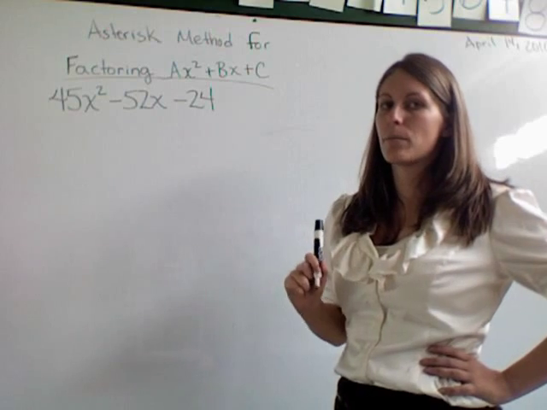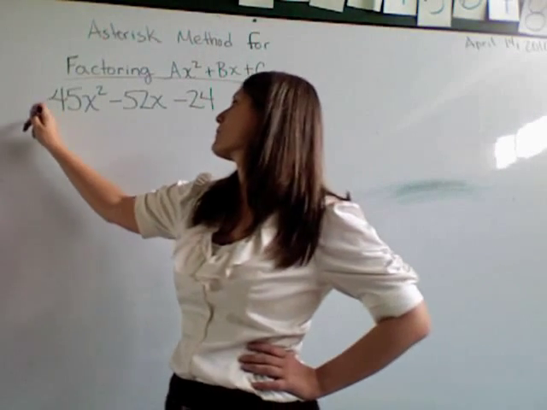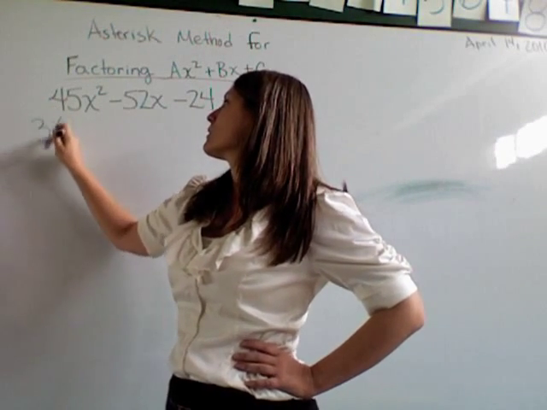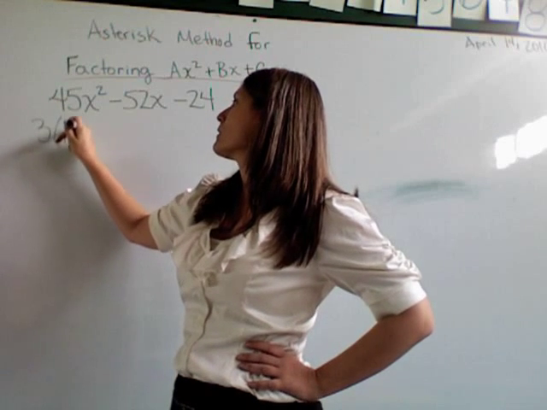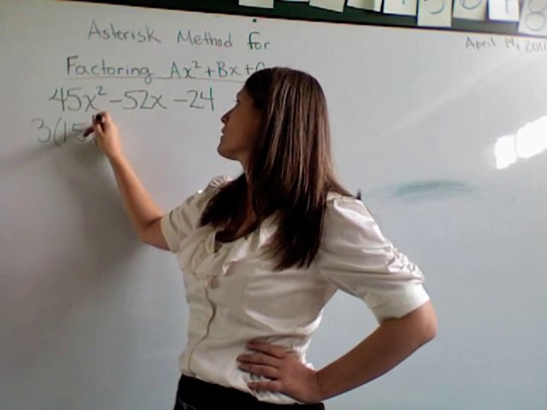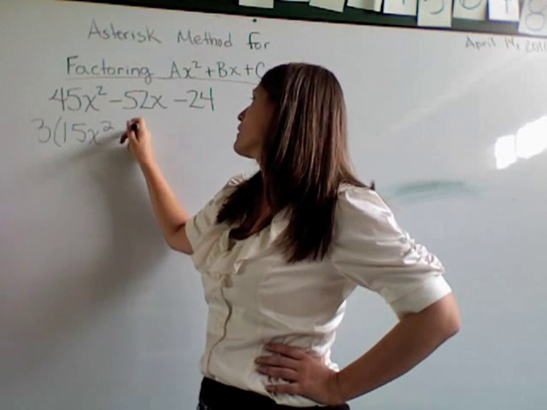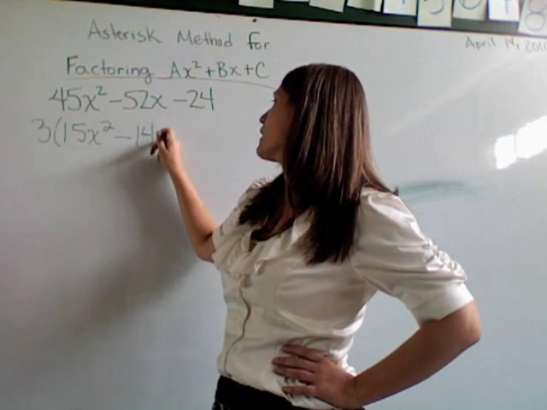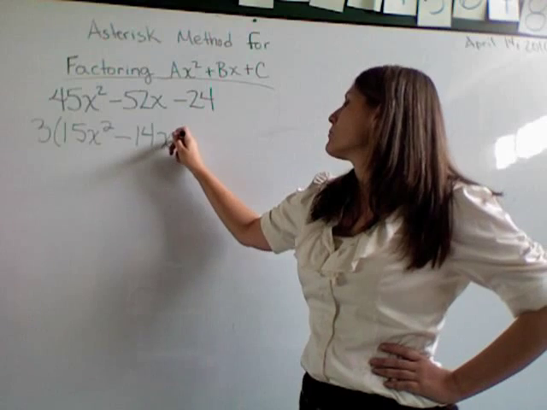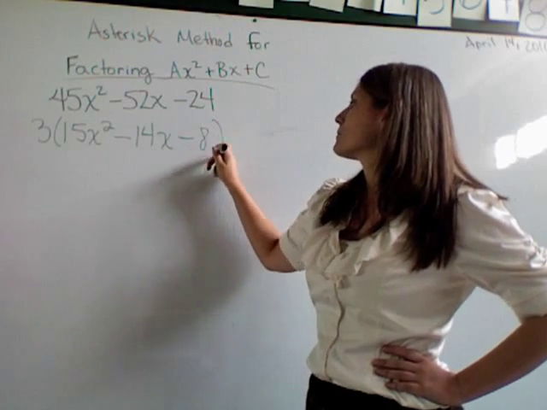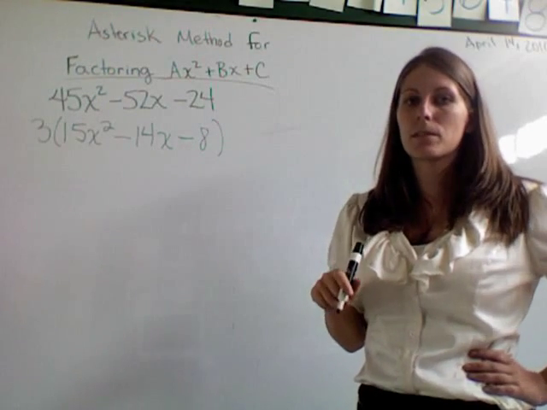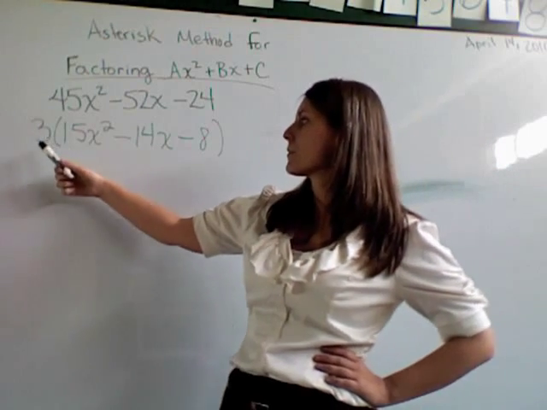So I'm going to start out by factoring out that 3. 15x squared, minus 14x and minus 8. So the first thing I did was factor out the greatest common factor of 3.